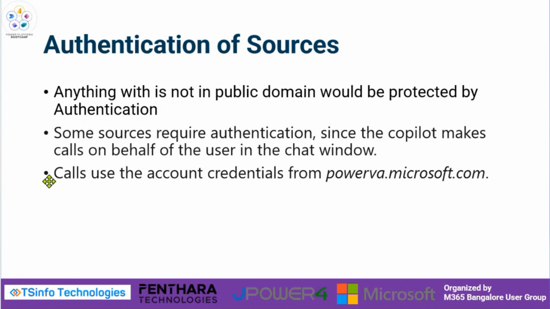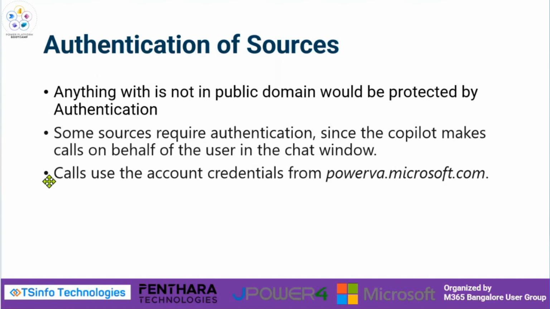Now, talking about authentication, right? I was talking about why it is important. If there is something in the public domain, which already has anonymous access enabled, it doesn't require authentication. But if your data is in your SharePoint or OneDrive, then it needs authentication.